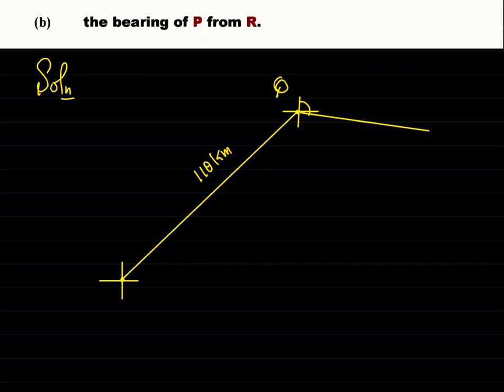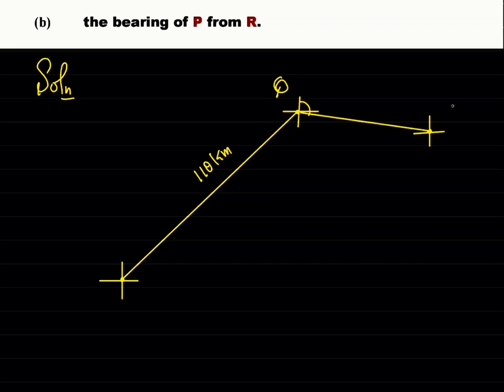Now, there is something that I want you to take note of. 75 must actually be shorter compared to 110 kilometers. Some students make mistakes. Don't make that mistake. Now, at this point, we will still have our four cardinal points. Good.